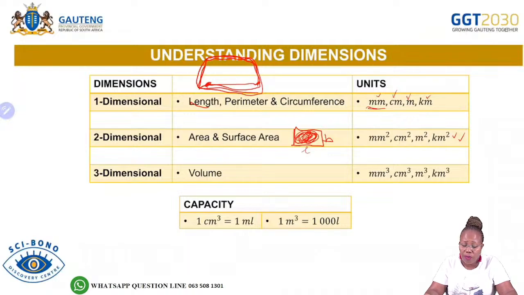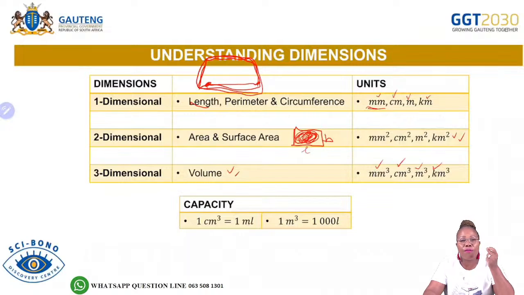And then when you talk about three-dimensional, we talk about the volume of a container. That is a three-dimensional shape. When you calculate a volume, we use the units cubic millimeters, cubic centimeters, cubic meters, or cubic kilometers, depending on the size of the container. And then the capacity: how much can a container hold? That means you have a 1 cubic centimeter container or a 1 cubic meter container.